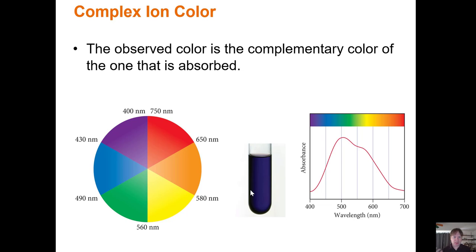The solution itself is absorbing in the blue, green, and yellow areas, and we see the colors that are not absorbed when we look at it. So just a reminder, we're observing the color opposite of what is being absorbed.